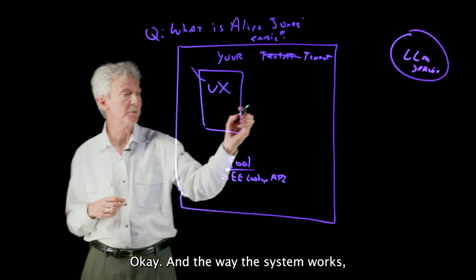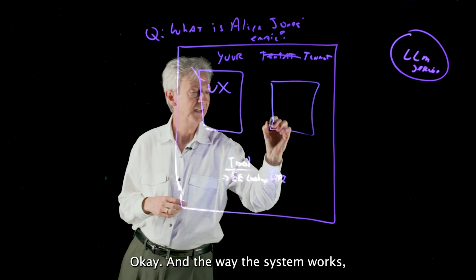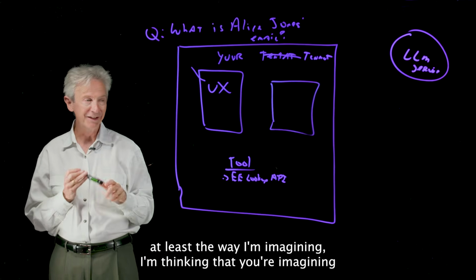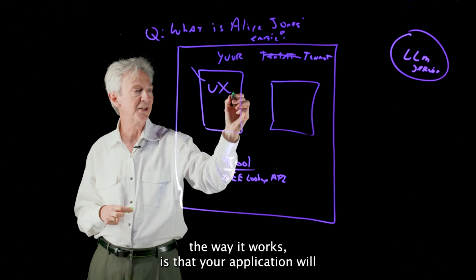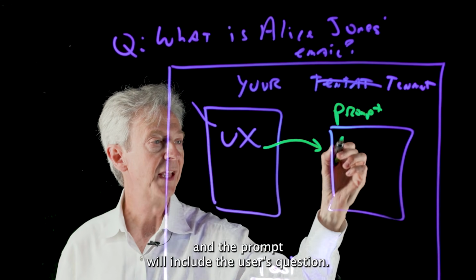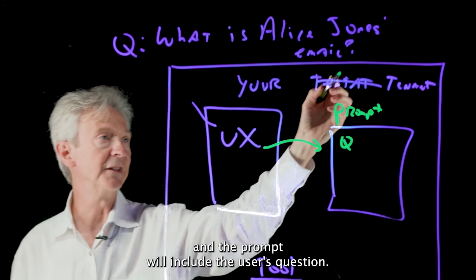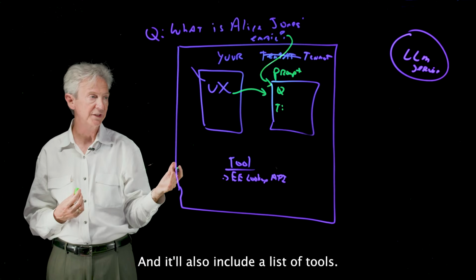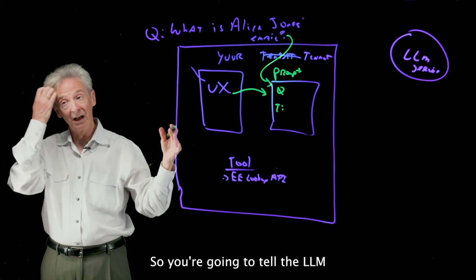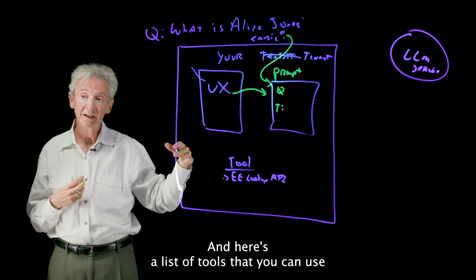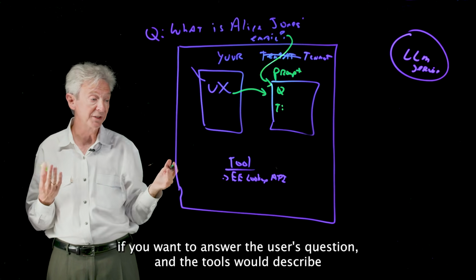Okay, and the way the system works, at least the way I'm thinking that you're imagining the way it works, is that your application will then construct a prompt, and the prompt will include the user's question, and it will also include a list of tools. So you're going to tell the LLM, here's a user question, and here's a list of tools that you can use if you want to answer the user's question.